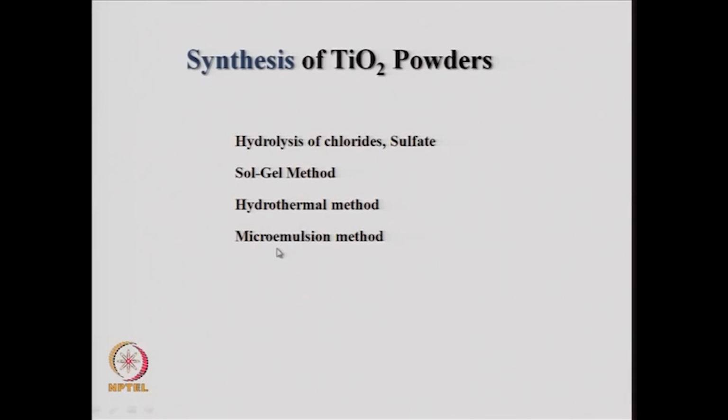And there is another method which is the micro emulsion method, where you use titanium salts and appropriate surfactants to make micro emulsions, where you can make nano reactors using these micro emulsions which are present in solution.